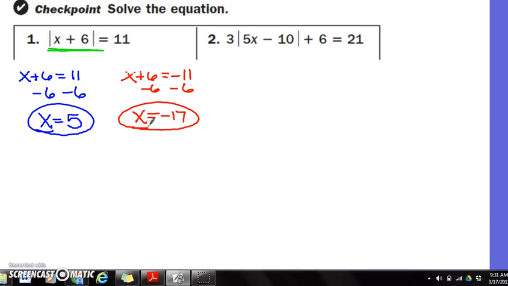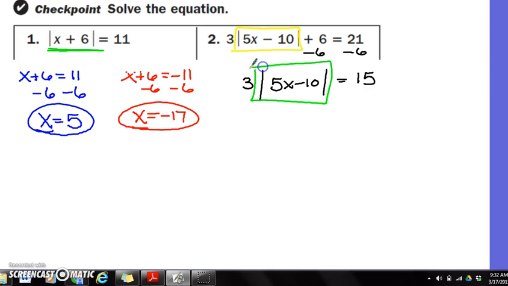But problem 2 is so much harder because remember, we have to get the absolute value box alone. So you can't even start and do anything until it's alone. So I'm going to subtract the 6 from each side and get 3 times the absolute value of 5x minus 10 equals 15. Then again, we want this absolute value box alone, and this 3 is multiplying it.